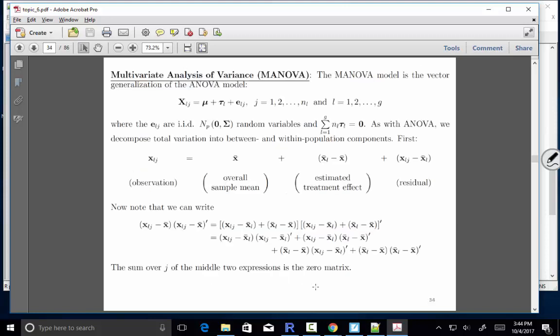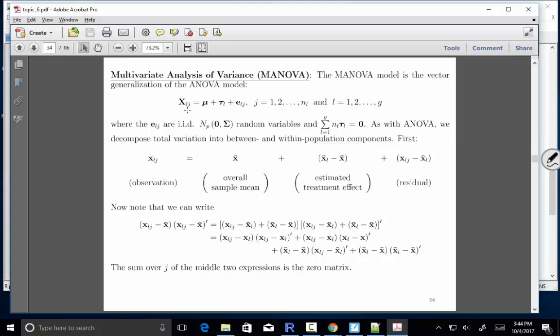That's ANOVA. Hopefully review. This is MANOVA, multivariate ANOVA. It's got lots of notation and stuff, but conceptually it's just like ANOVA. Here's how we write it. We say that the vector we observe for the jth individual in comparison group L, X_Lj.